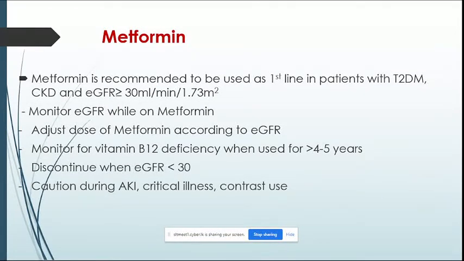Metformin is the first line of treatment for a patient with type 2 diabetes and CKD when the GFR is more than 30 ml per minute. Some general practitioners make a mistake and stop metformin when the patient has CKD, even when the patient has a normal serum creatinine with increased ACR, when microalbumin is positive. That is not good.